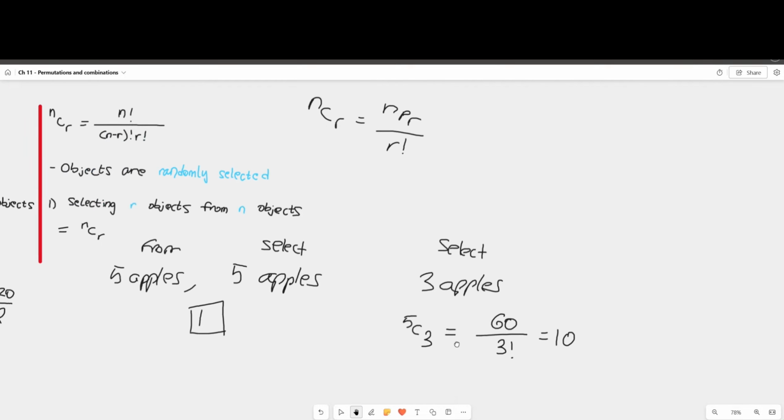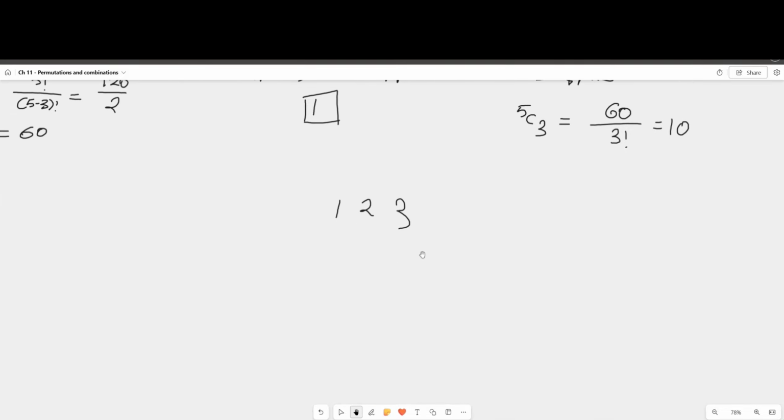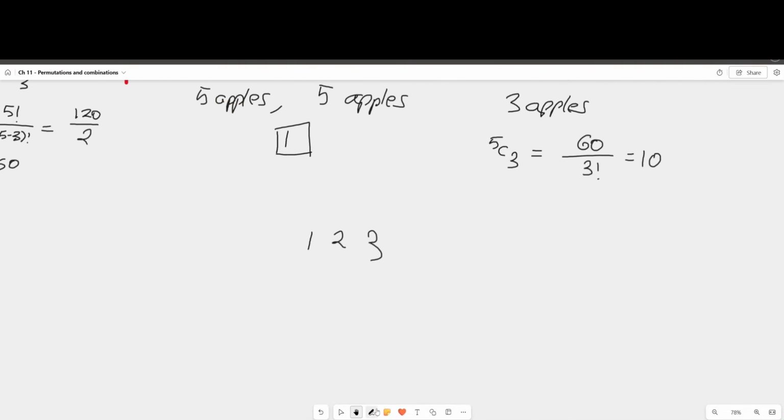Now, why is that? If you think about it logically, let's represent the apples using numbers. Let's say 1, 2, 3, and then you've got 1, 3, 2, or 2, 1, 3, 2, 3, 1.